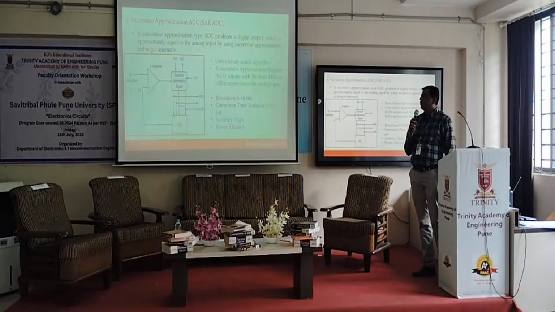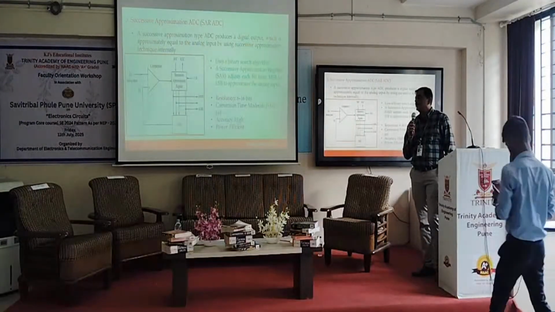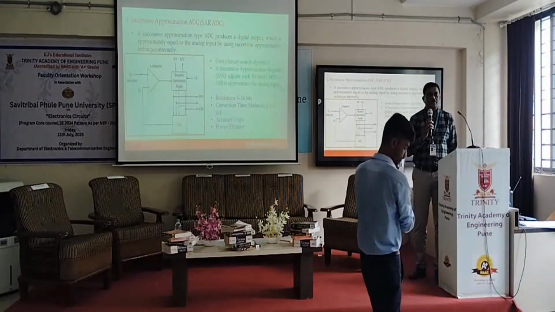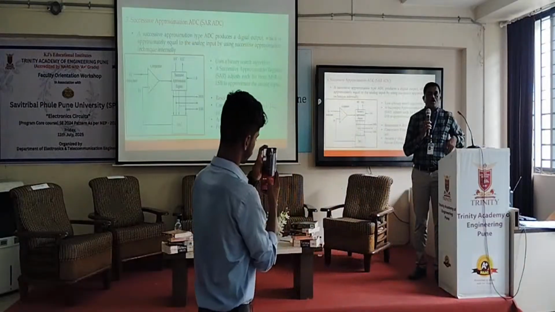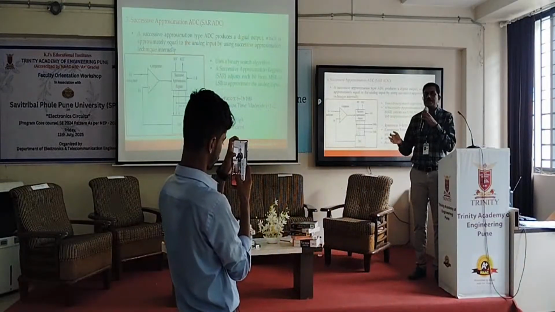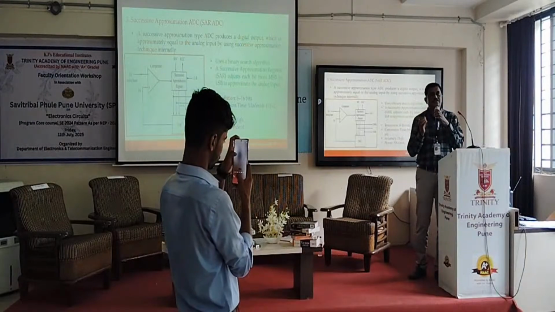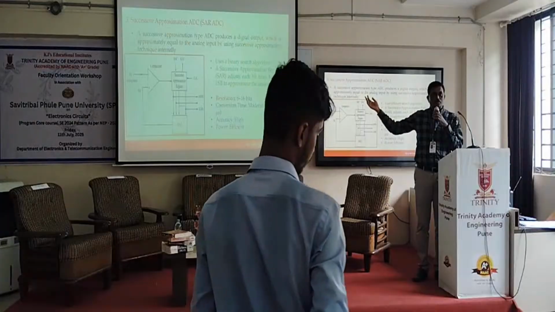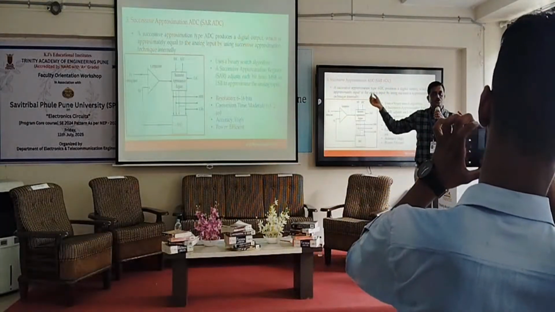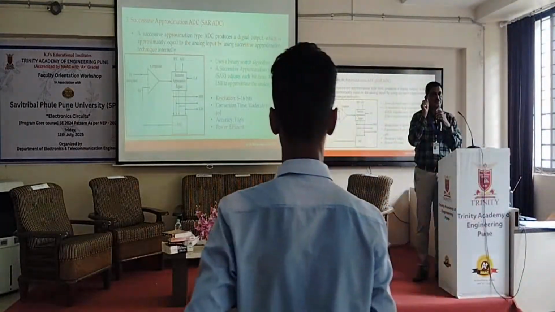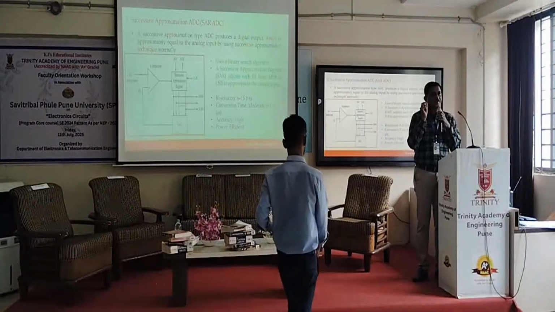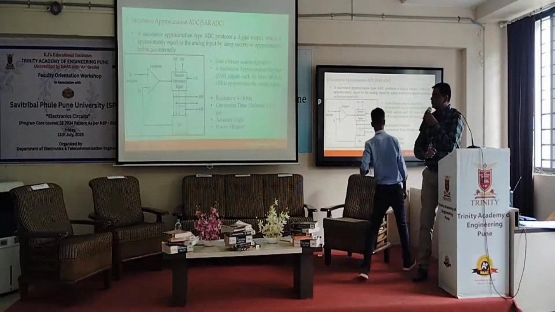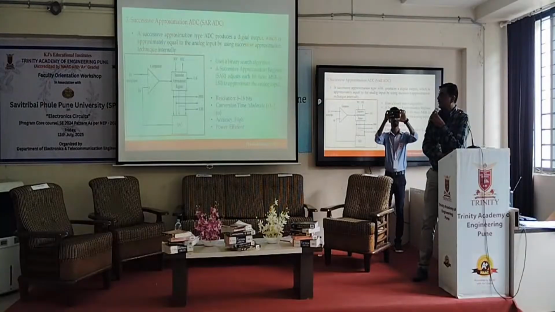When we compare or explain this SAR ADC, at that time it is very important how the signal is generated, and we need to give an example. Wait, in the last diagram also, dual slope, or it may be for the flash ADC also. When we take one example with a value, the concept of the ADC will be clear. Here, suppose I consider our input signal is nothing but the 10.